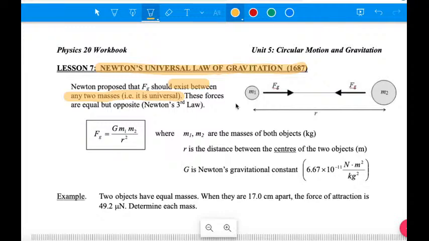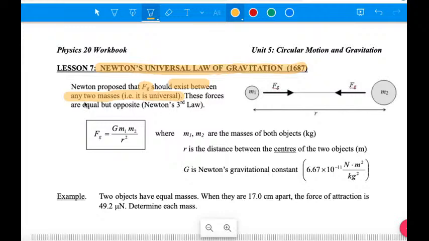But Newton actually discovered that this force of gravity, Fg, which we're very familiar with at this point, should exist between any two masses, right? Even if we have two pencils sitting beside each other. He theorized that those should be exerting gravitational force on each other. Obviously, it's just so much less force than the force between the ginormous Earth and them that nothing will come to be.